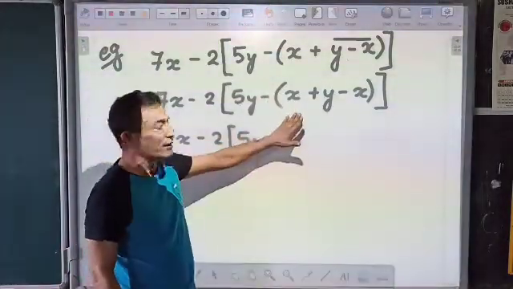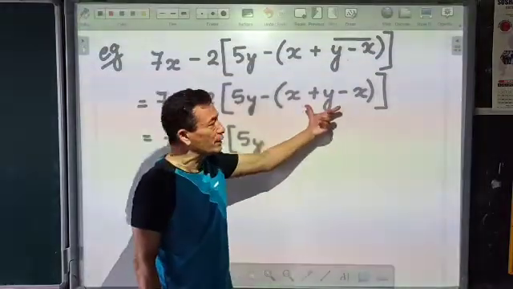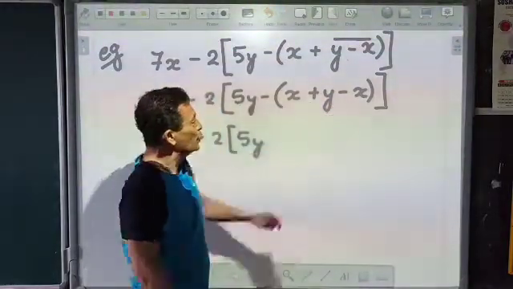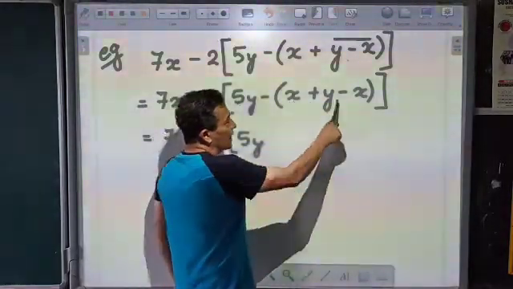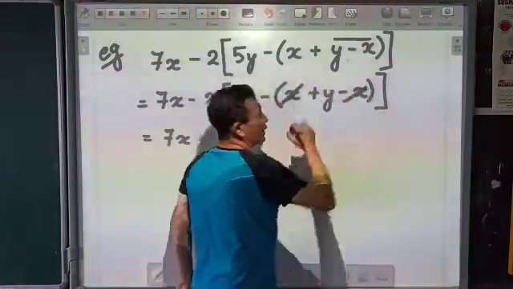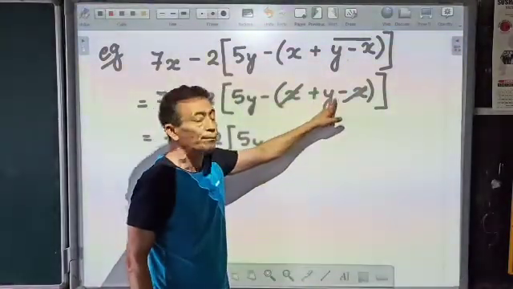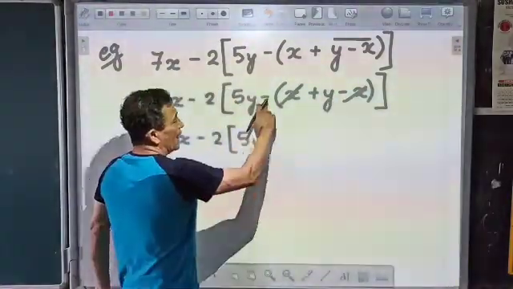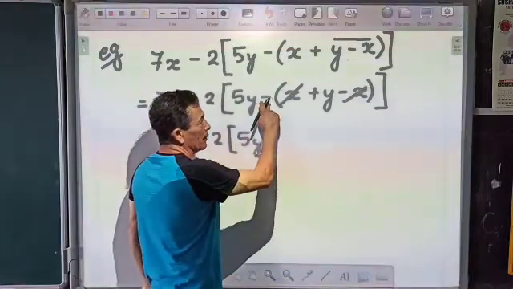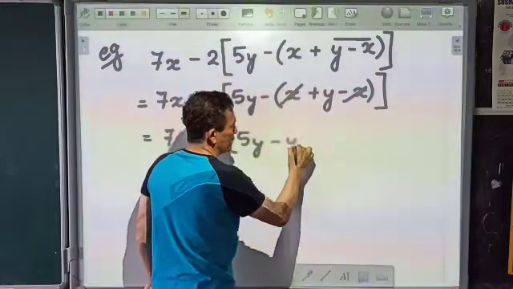Now either I can just open up the bracket by changing the signs, or if you look at the common bracket carefully, you will find a plus x and a minus x here. These two can straight away be cancelled. So inside the common bracket, I'm left with plus y. I have a minus sign outside. That means when I open this bracket, this plus y will become minus y.